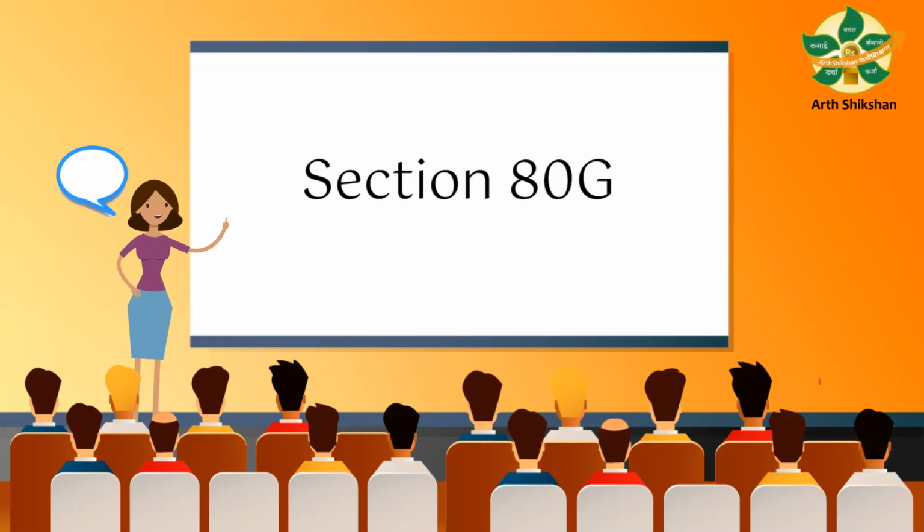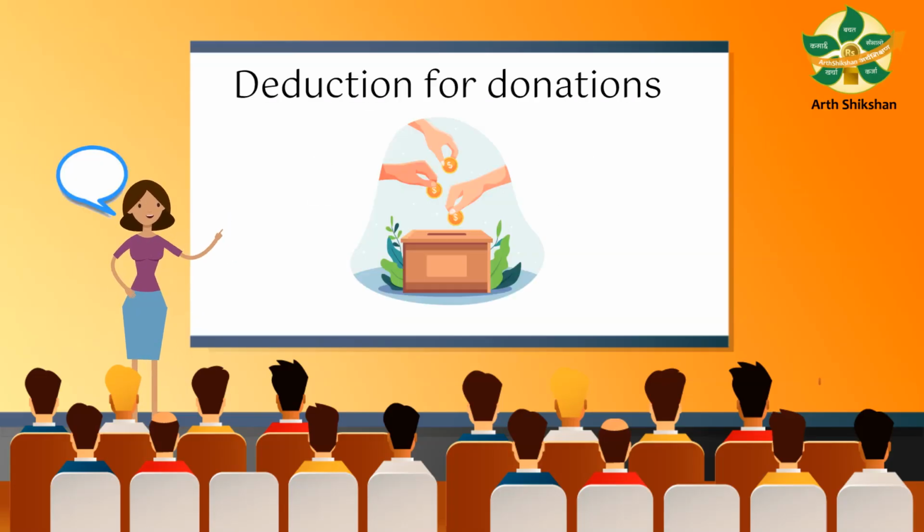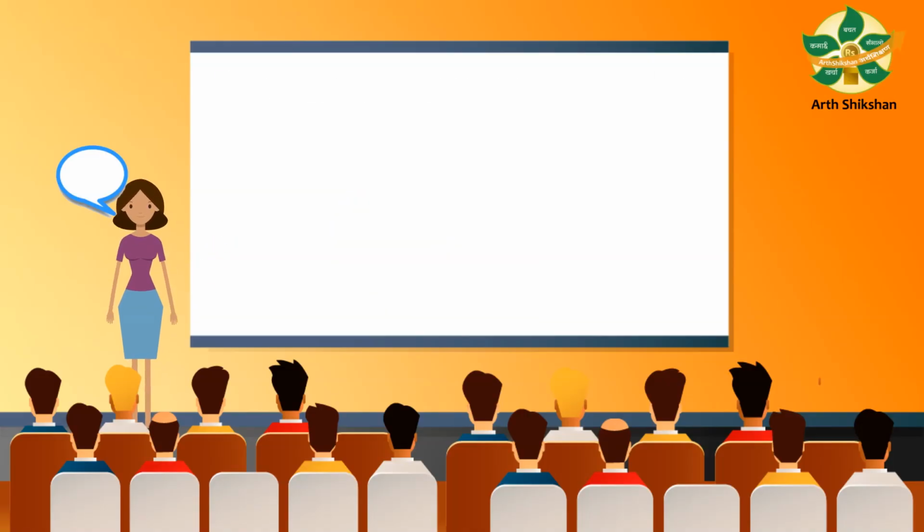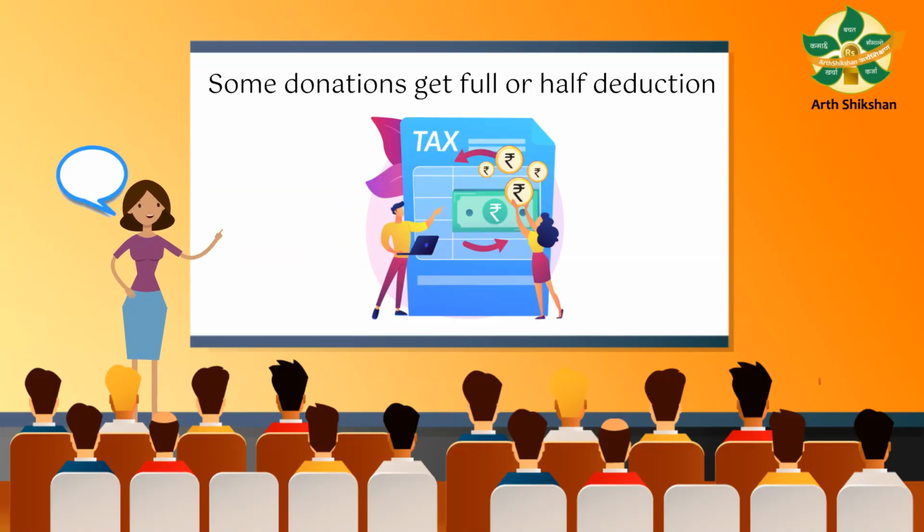Section 80G. Deduction is allowed for amount paid by the taxpayer as donation to any fund or institution or charitable trust. All donations are not treated equally under the Income Tax Act. Donations to certain funds and institutions qualify for 100% or 50% deduction without any qualifying limit.